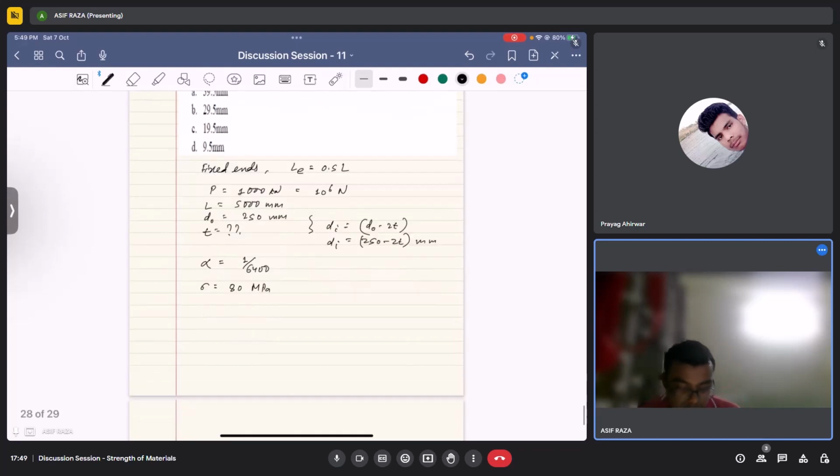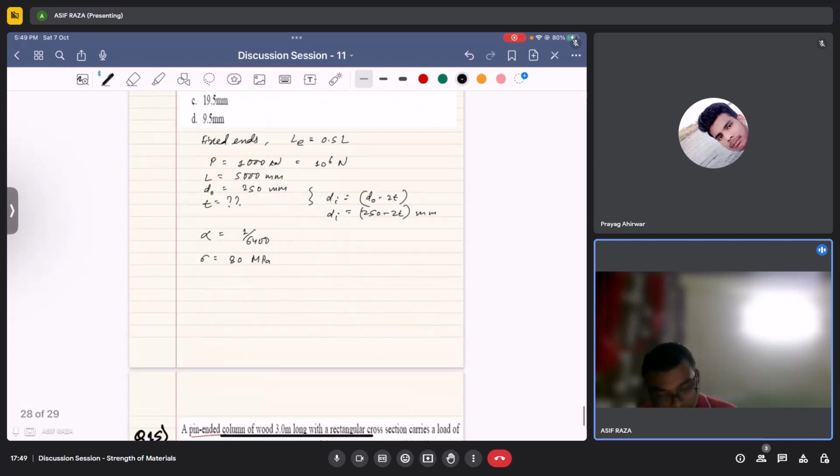So to find the Rankine formula, we need to use this. The Rankine formula is given by this. For the given question, it would be sigma times A upon 1 plus alpha times lambda square.